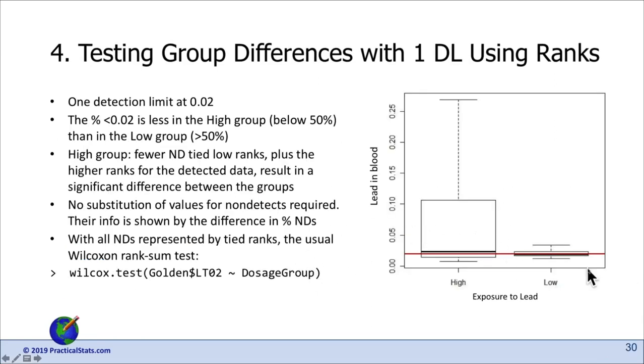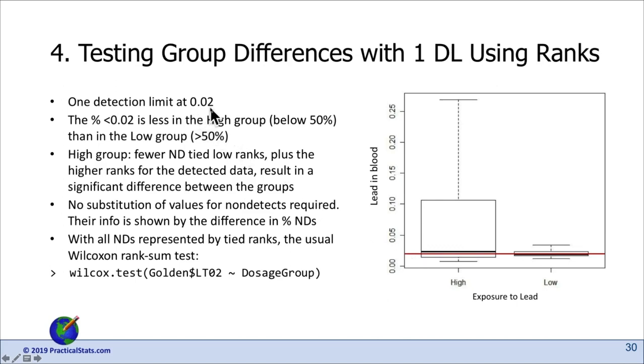Here's a set of data, one of the data sets that comes with the NADA package. This is lead in blood of herons that were exposed to high levels of lead environmentally and low levels of lead over here. And they wanted to know whether that shows up in the blood. There is one detection limit, again, to keep things simple, but these tests work for multiple detection limits just fine.